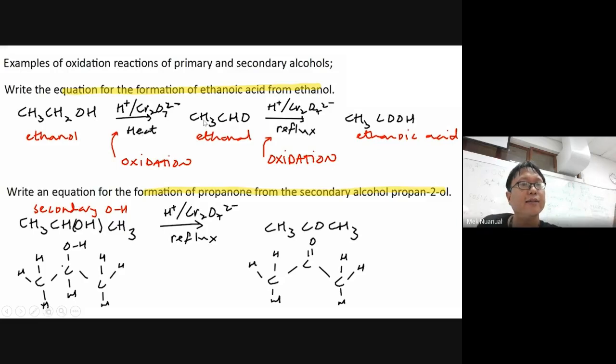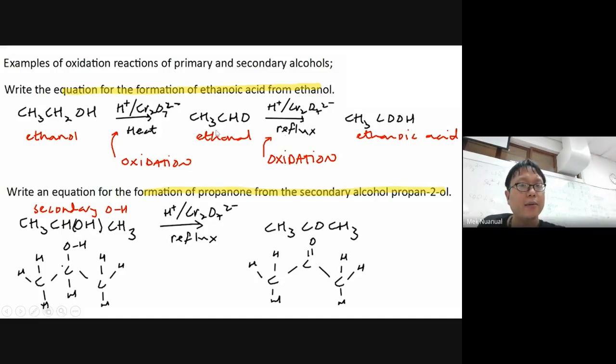Okay, and here's a condensed formula for your aldehyde, okay? Ethanal, A-L, by the way, that's not O-L, A-L. So that's the condensed formula for your aldehyde. And then again, if you do it one more step, then you show another arrow, H plus again for acidified, then show your dichromate ion.